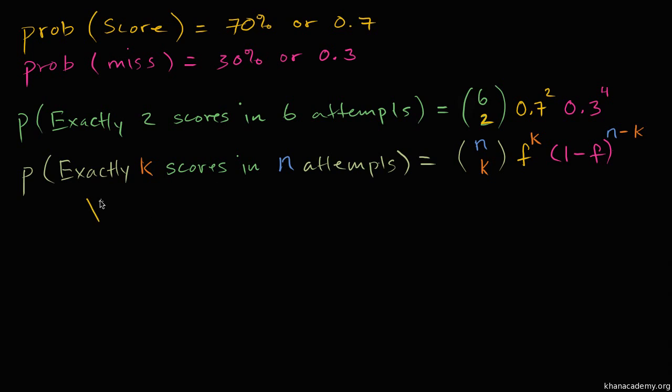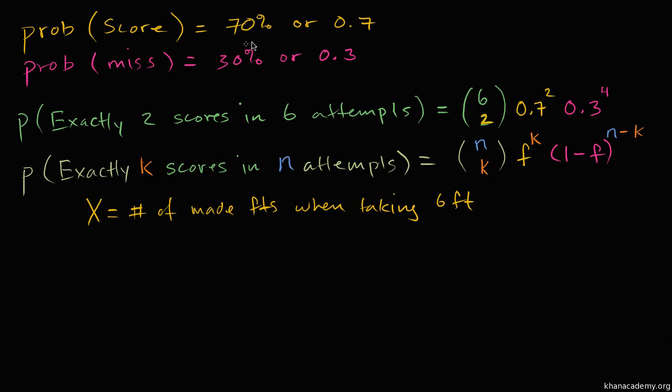So let's define the random variable x. Let's say that x is equal to the number of made shots, the number of made free throws when taking 6 free throws. So it's how many of the 6 do you make?